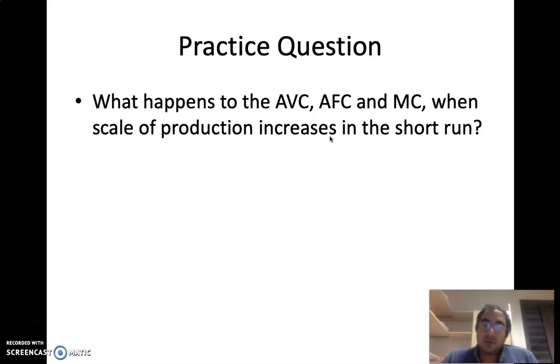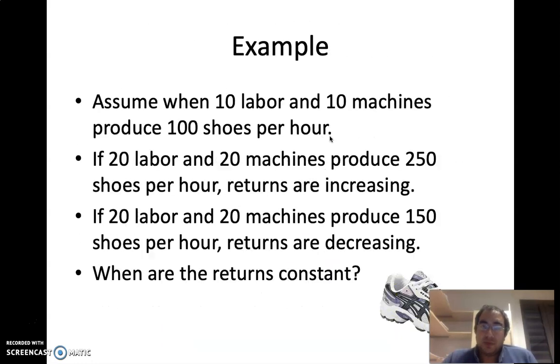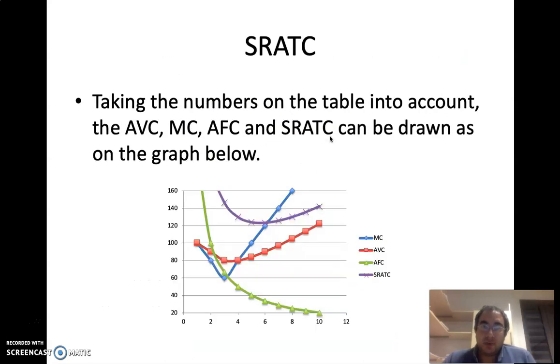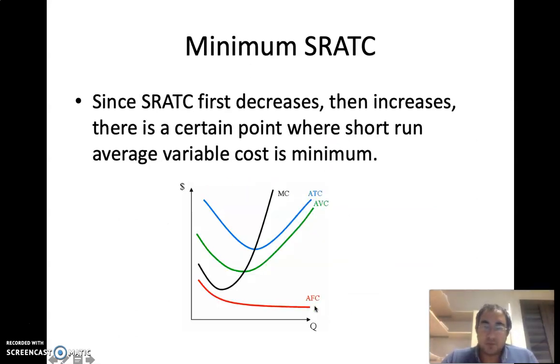The average variable cost is minimum at the point where it intersects with the marginal cost curve. All of this you can see when you look at this graph. This is average variable cost, this is the marginal cost, and this is the average fixed cost.